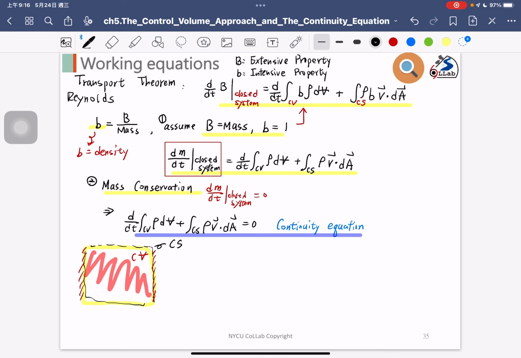So if I assume on the left-hand side there is an inflow, and on the right-hand side I have the outflow, the area normal vector at the right-hand side is going to the right, but at the inflow side, the area normal vector goes to the left.